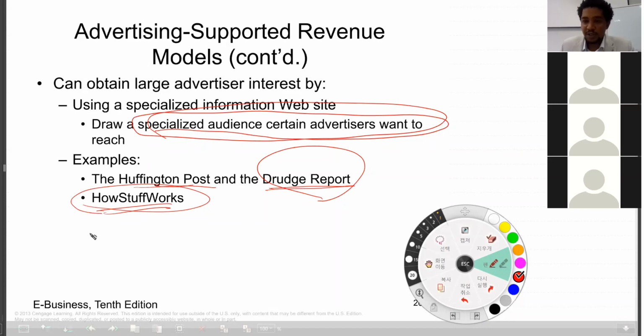So How Stuff Works is a website where you can find how different stuff works. For example, how a stove works, okay, or how a computer works, okay. So for example, most US citizens use How Stuff Works to know how some device works.